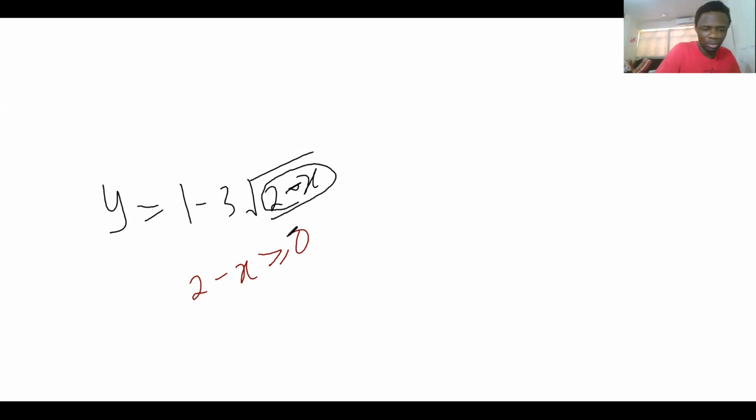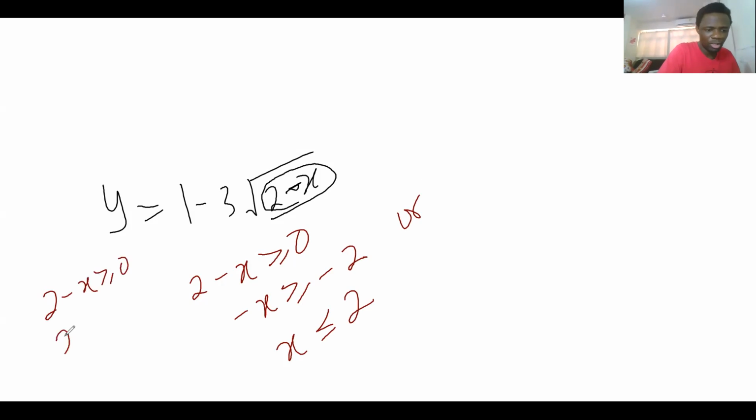It means negative x must be greater than or equal to negative 2, and x will be less than or equal to 2. Or you could do 2 minus x greater than or equal to 0, meaning 2 is greater than or equal to x, so x must be less than or equal to 2.